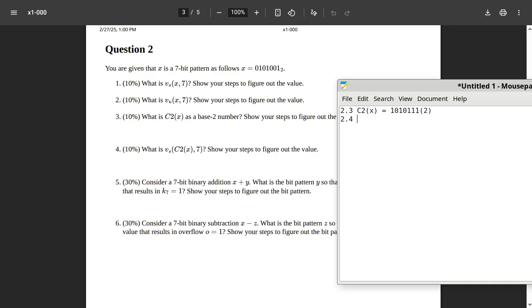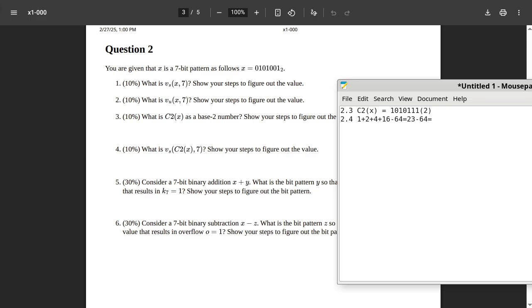Okay, so we now move on to part 4. Part 4 is once again just an application of the definition. So that means we are adding 1, 2, 4. There's no 8. There's a 16. And then we subtract the 64 from the whole thing. So that would be 23 minus 64.